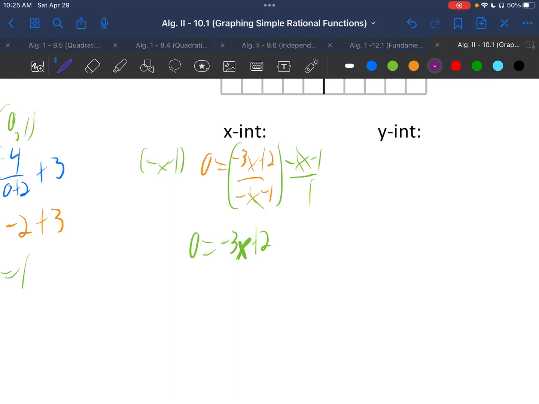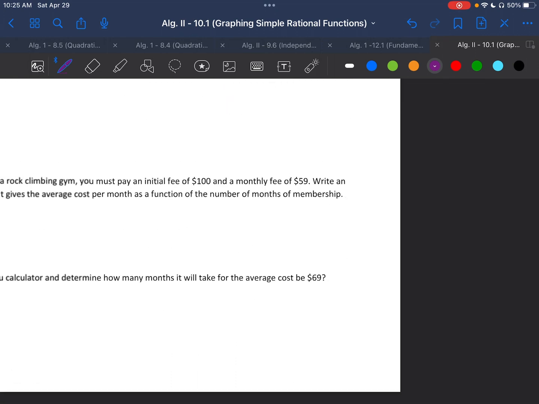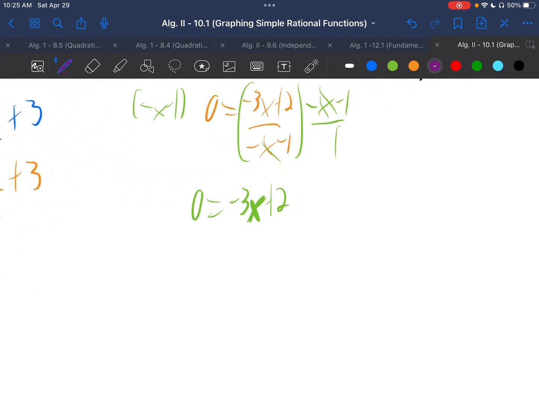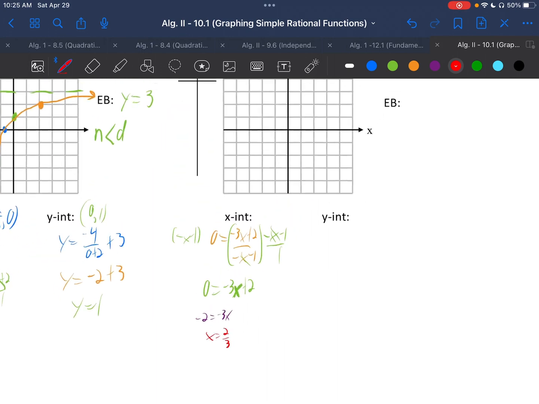So then we end up subtracting 2 to get negative 2 equals negative 3x. Dividing by negative 3 gives you x equals 2/3, or 0.6 repeating. So the x-intercept is (2/3, 0), because once again we made the y value 0, plotting that right about there.